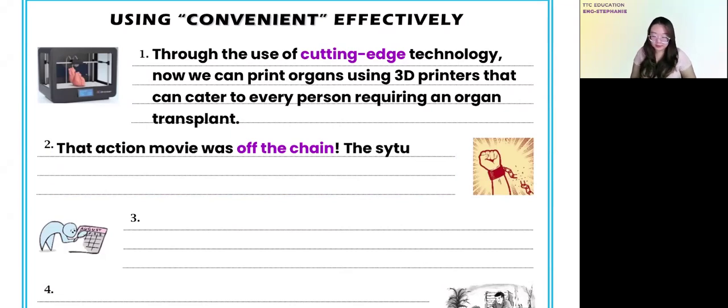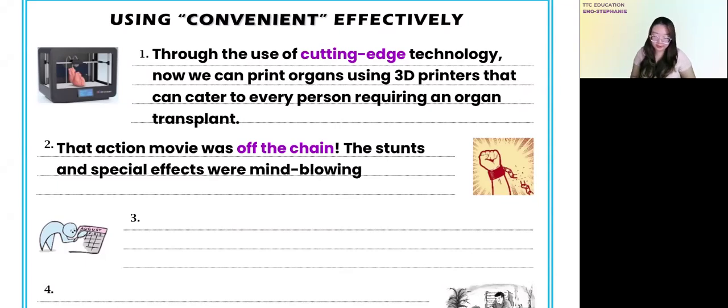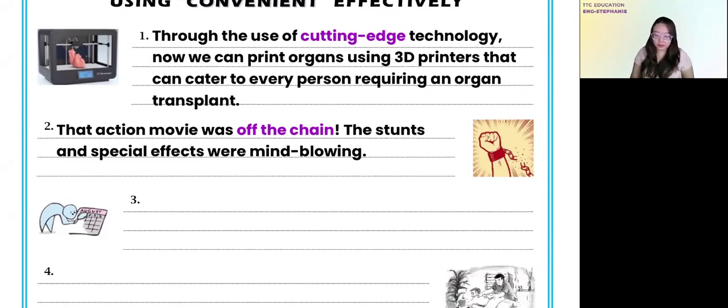The stunts and special effect were mind-blowing. Okay, that action movie was off the chain. The stunts and special effect were mind-blowing. So good, extremely good. Then we can use this.